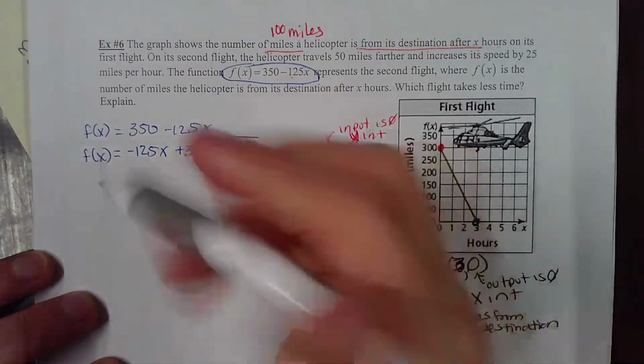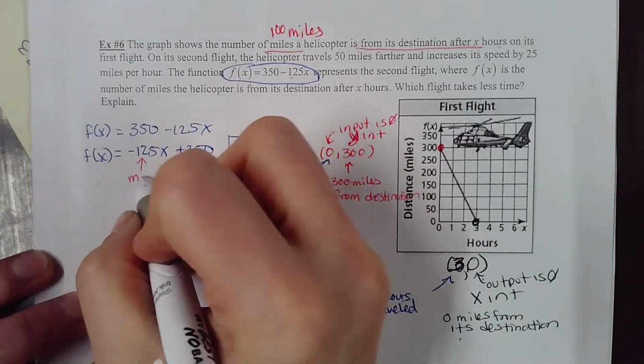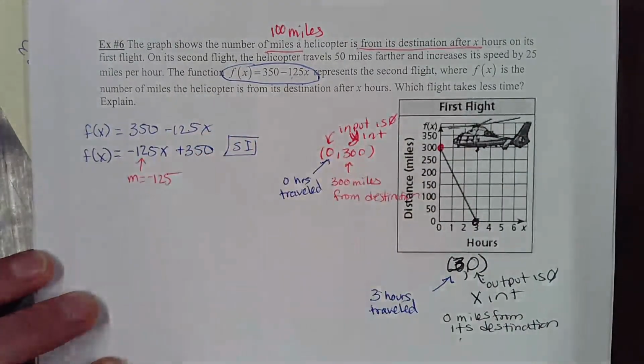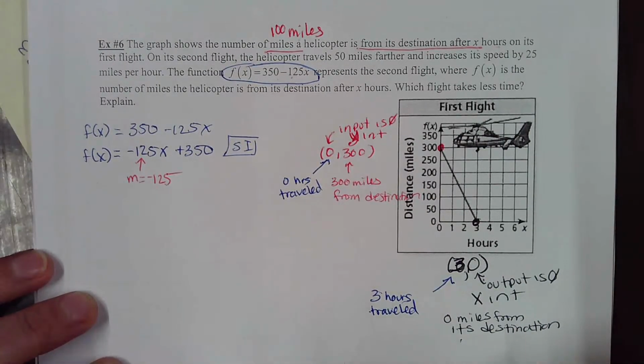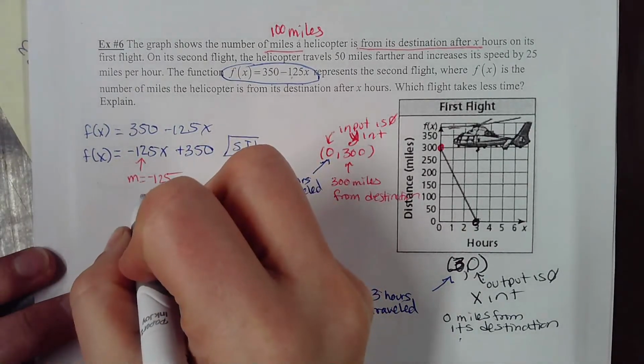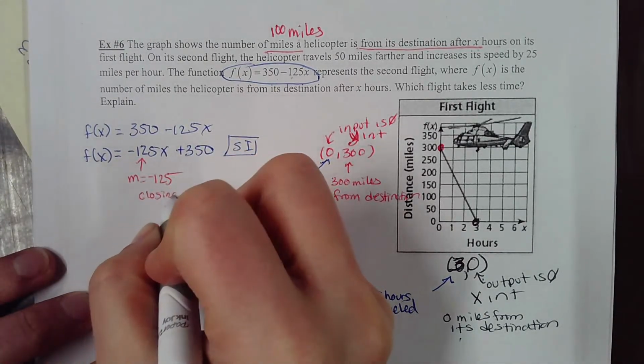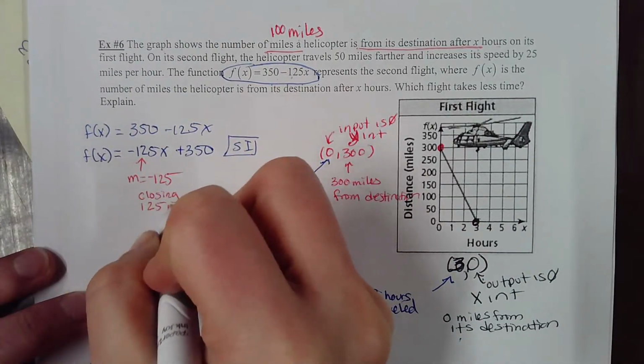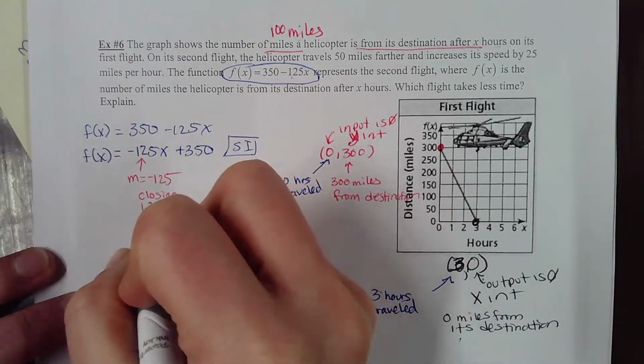And then we can see that this is our slope. That is how much faster it was traveling. So we are closing 125 miles each hour.